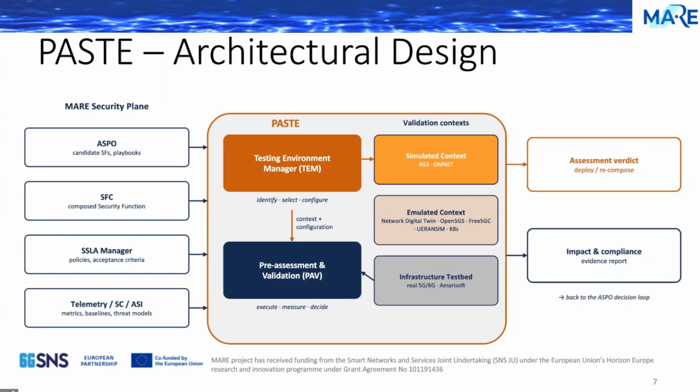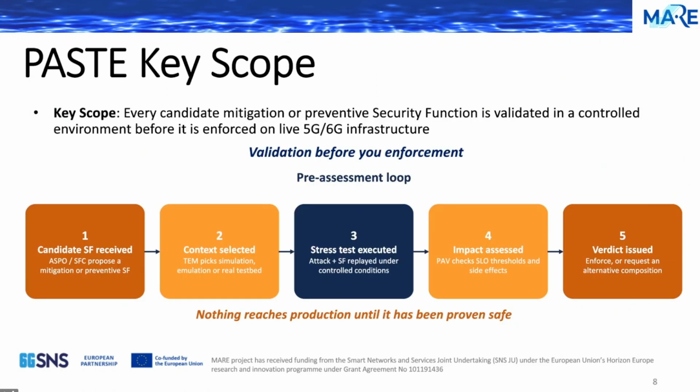This is sent back to the adaptive security policy orchestration as a decision loop to take the final decision on whether the security function, as composed, is applied to the network. So the key scope of the PACE component is that every candidate mitigation or preventive security function is validated in a controlled environment before it is enforced on a live infrastructure.